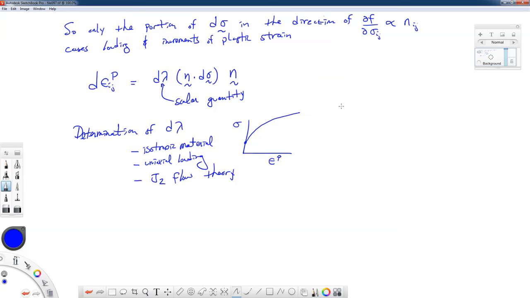Alright, so our stress tensor is going to look like this. We have stress just say in the x direction. All the other stress components are 0 for uniaxial loading. We're going to apply an increment of stress. It's only in the x direction. All the other increments are 0.